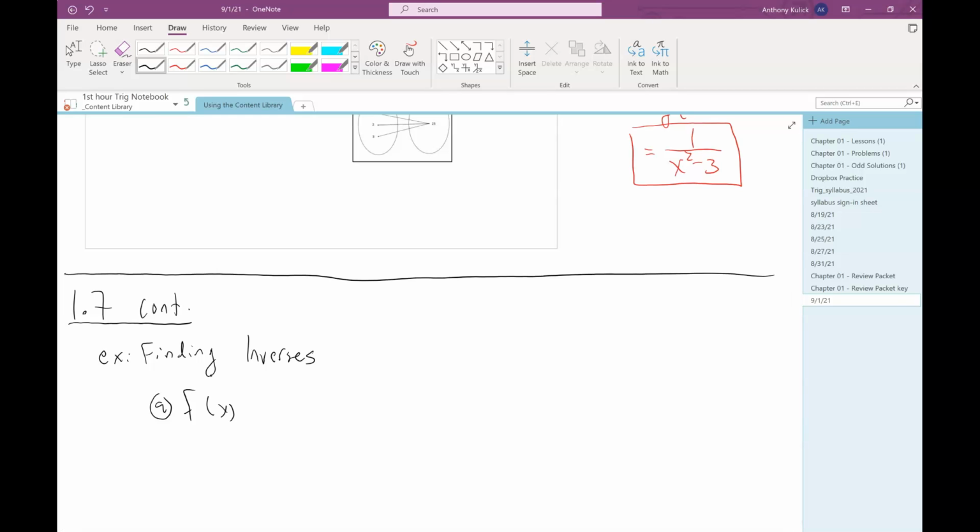So let's say we have this function that's defined by these 4 points.